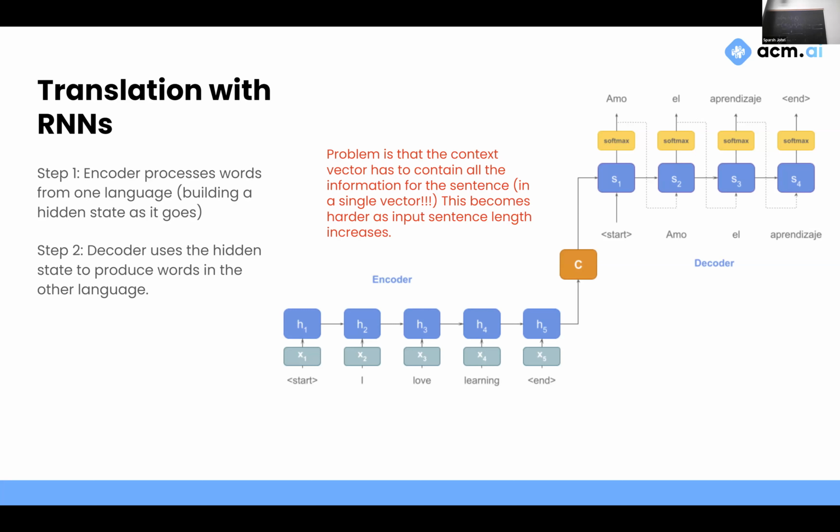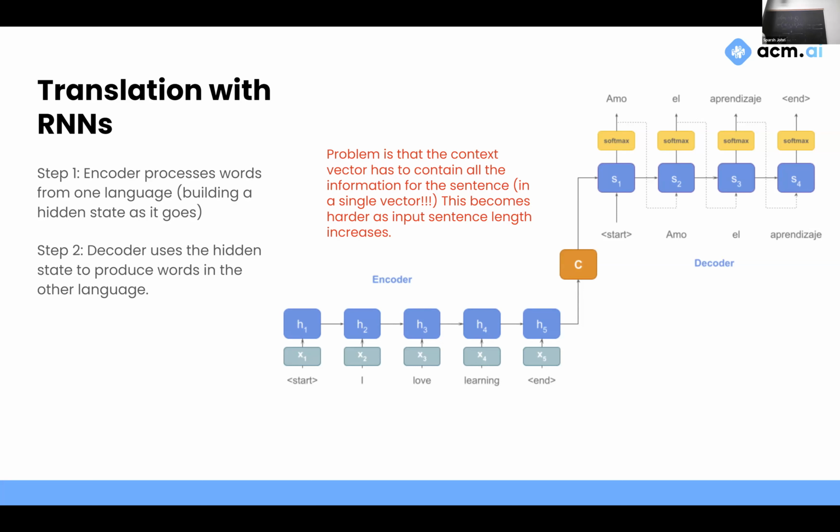Now, the problem we've said this entire time is that this one vector right here at the very end, this hidden state, has to remember the entirety of the context of the sentence. It has to represent and contain everything in the sentence. And if this is a really long sentence, as we said before, or a paragraph, this one vector has to contain all the information, and it makes the translation task really hard.